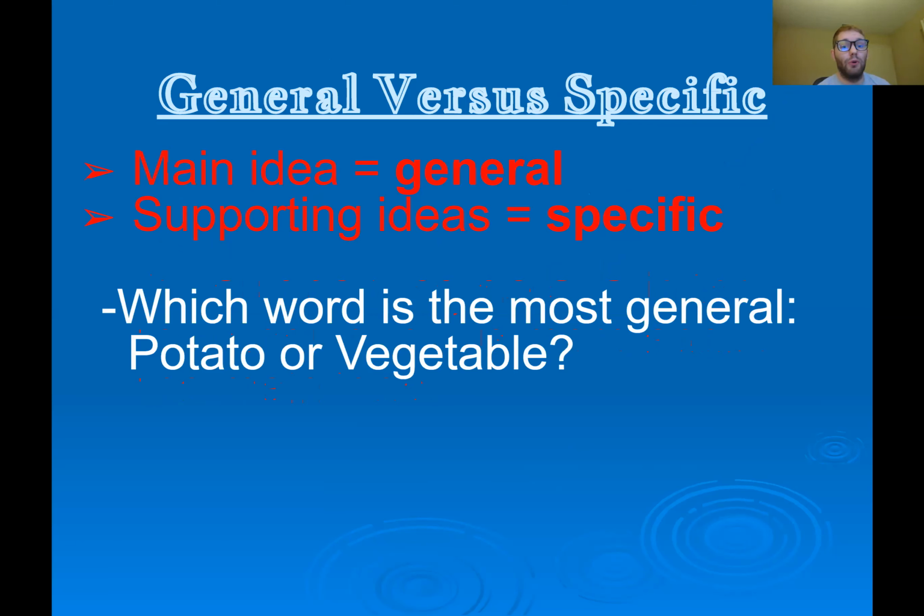So as we mentioned earlier in the year, which word is the most general, potato or vegetable? Well, it would typically be vegetable because that's more broad. It could cover a whole litany of things between carrots, peas, green beans. Potato would be more specific because you're talking about a very specific type of vegetable.